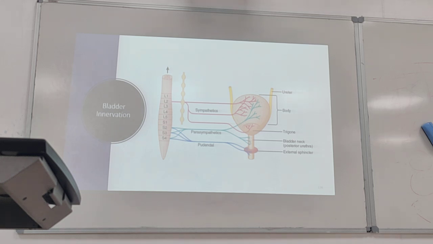Please, can you describe this diagram for me? The nerve supply. Who will describe this? Starting from, we have got sympathetic coming from L2, which is supplying the bladder and internal urethral sphincter.